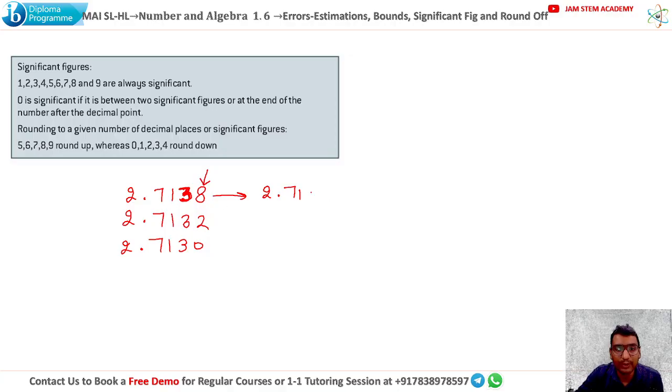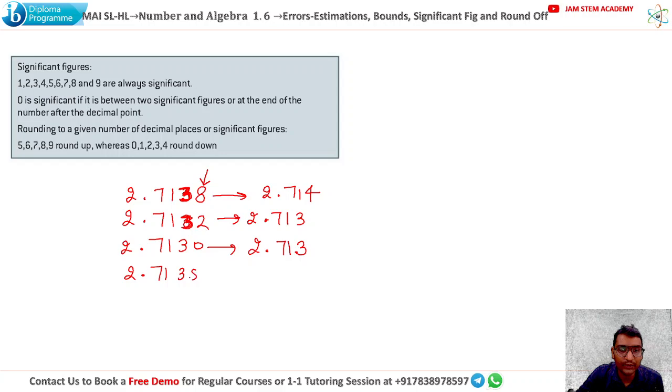So round up. So it will become 2.714. In the next one, it will be 2.713 only. Here also it stays the same, 2.713 only. Or if they say 2.7135, then it will become 2.714, because for 5, 6, 7, 8, 9 round up, or for 0, 1, 2, 3, 4 keep it as it is, right, to that number.